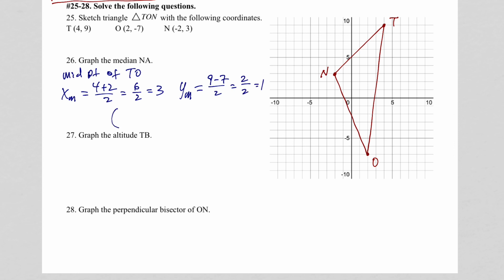So the midpoint is 3, 1. So let's draw the midpoint. Go 1, 2, 3, 1, and it's the point right there. And we'll call that A, and we'll draw a line from N to there. And that's the median NA.